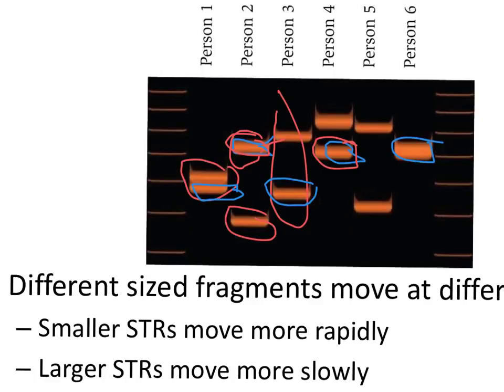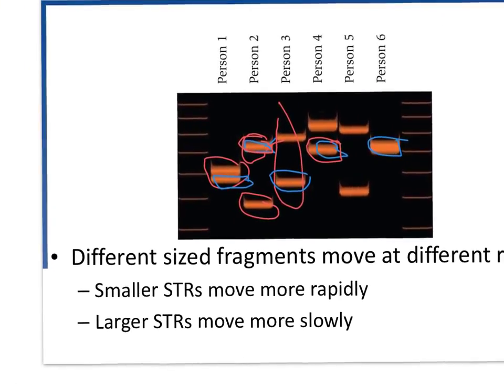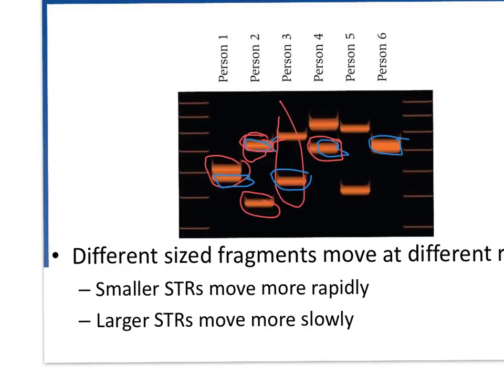Okay. So remember, smaller STRs move more rapidly from top to bottom than long fragments. Now this is just for one variable region. As I mentioned, we don't really use just one variable region for each person. Originally, they used 13.